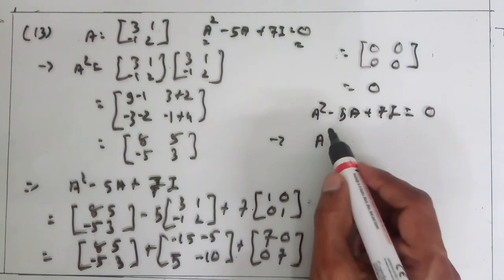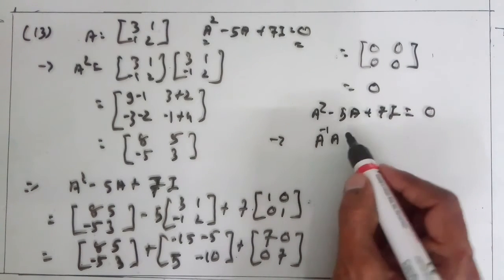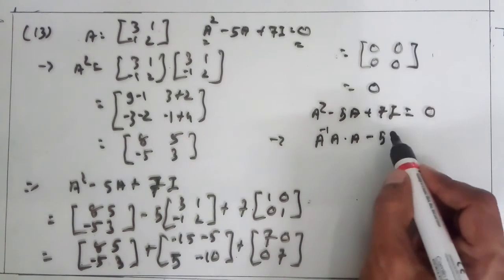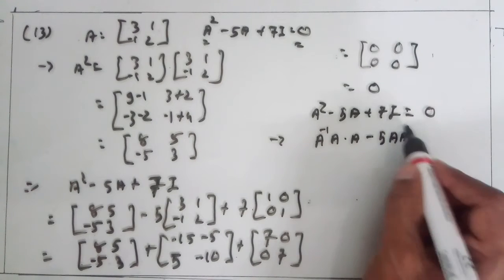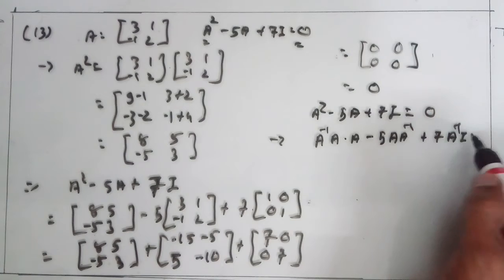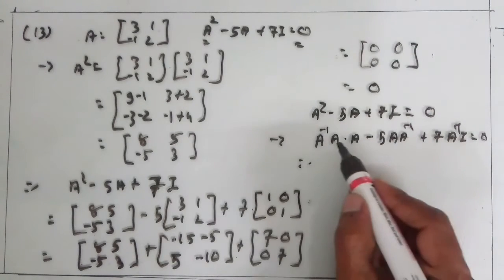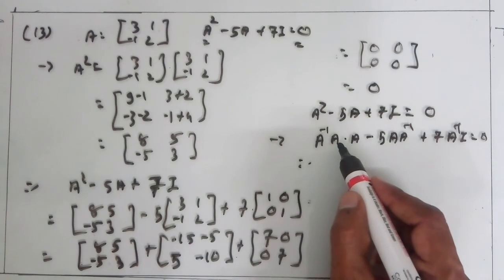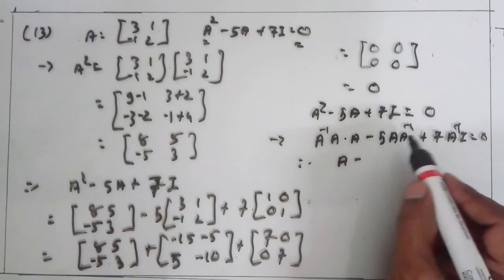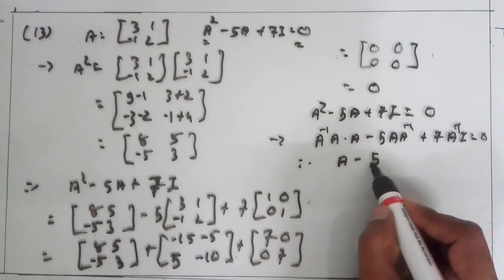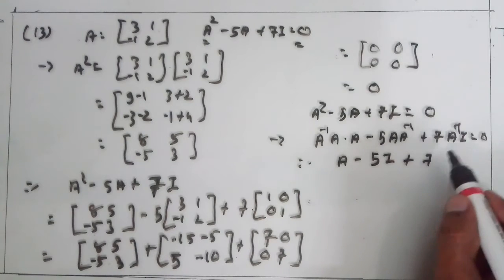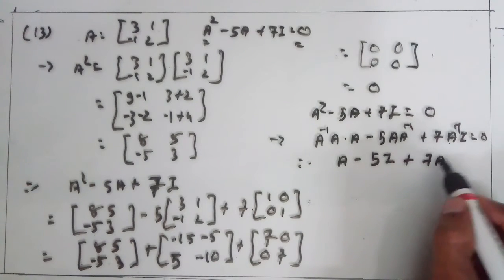We get A inverse into A square, that is A into A, minus 5 into A inverse into A, plus 7 into A inverse into I, is equal to 0. Therefore, this becomes I into A, which is A, minus A into A inverse becomes I into 5, that is 5I, plus 7 A inverse into I becomes A inverse.